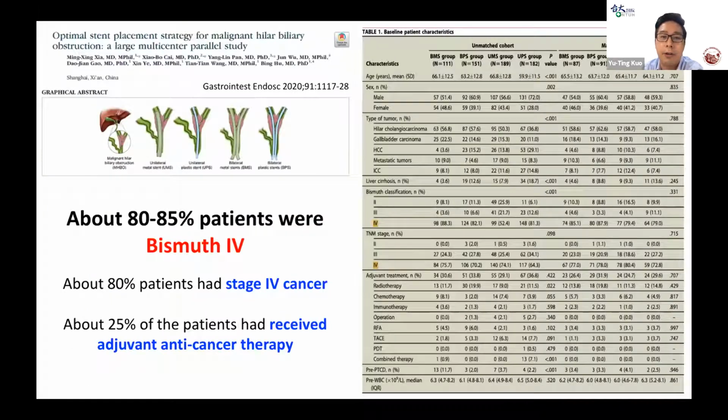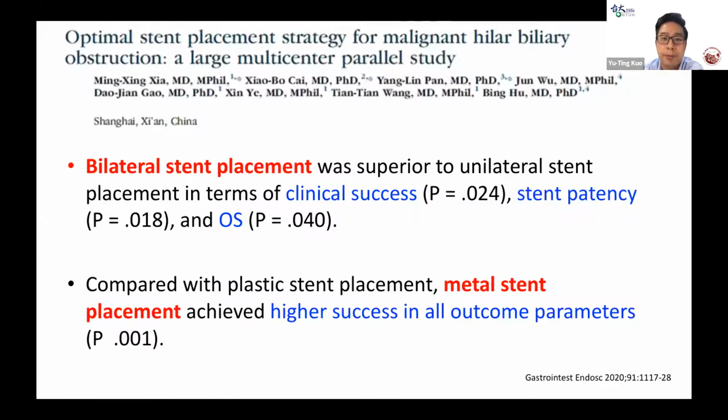So in this very huge retrospective study in China, they enrolled mostly high-grade cholangiocarcinoma, and only 25% had received chemotherapy. On the other hand, these were palliative patients not receiving any chemotherapy, and they found that bilateral stent deployment had a better outcome compared to unilateral stent, whether plastic or metal stent.